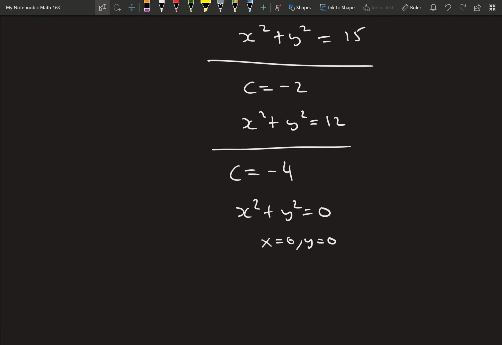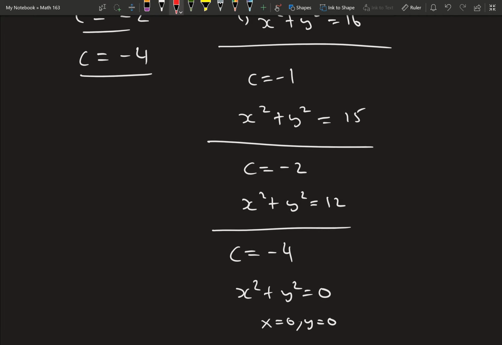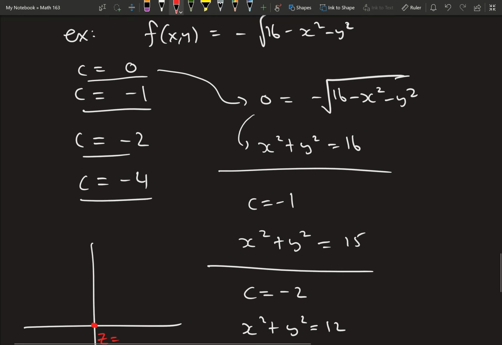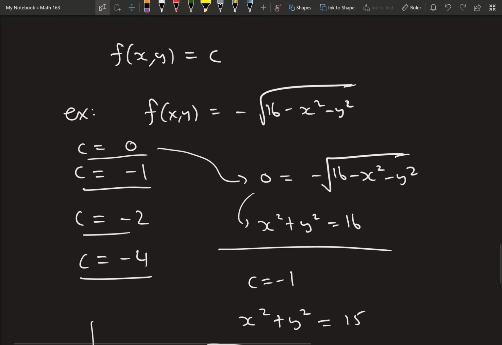So when you draw the level curves, let's draw those in red. You have your xy plane here. You have a dot at the center, x equals 0, y equals 0. These c values, these constants, are actually z values, because we're setting f of x, y to be those, which means z equals that value.